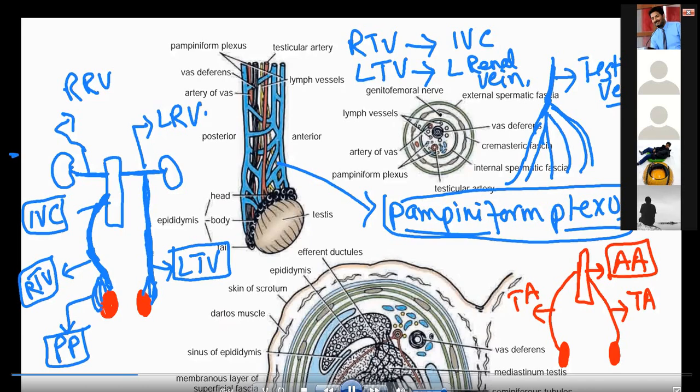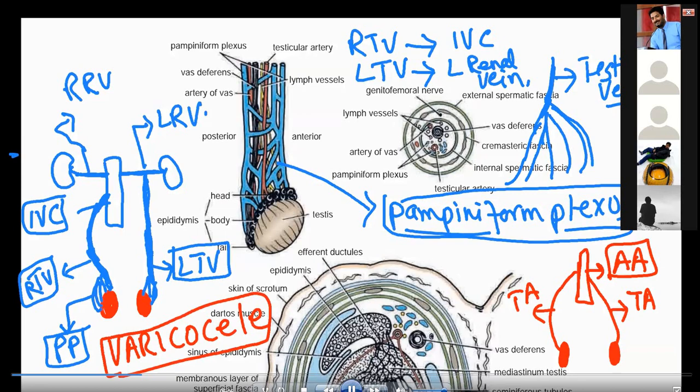Now, here you must remember one clinical correlation, and that clinical correlation is known as varicocele. So, what is varicocele? It is a condition in which the veins of the pampiniform plexus are elongated and dilated.